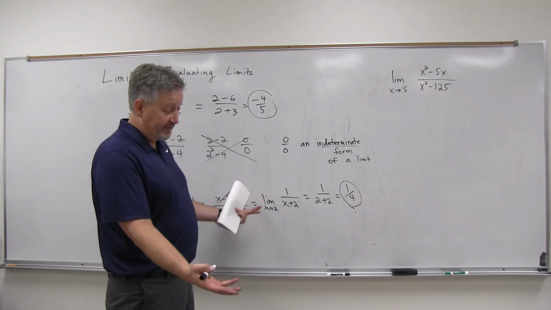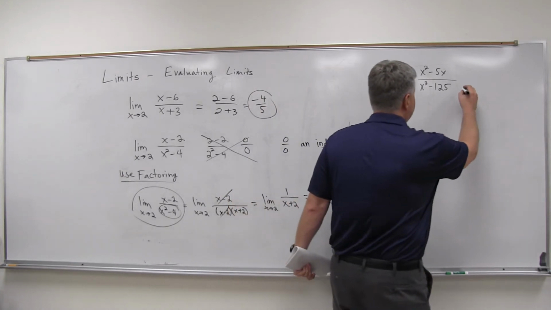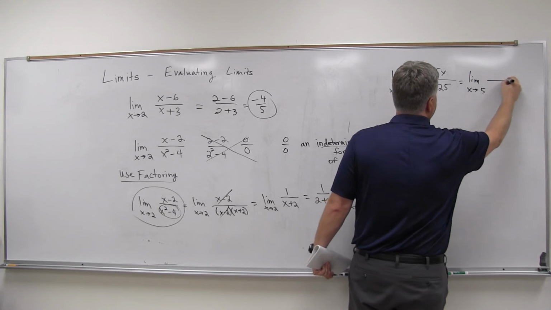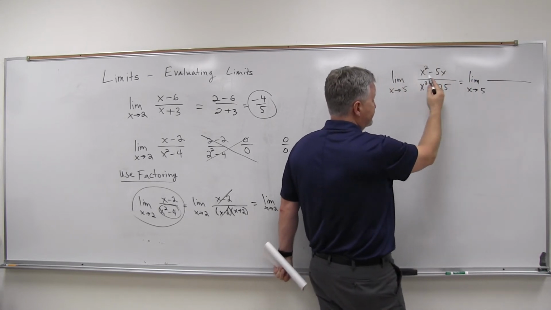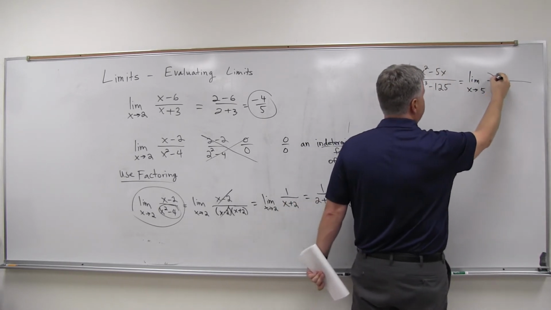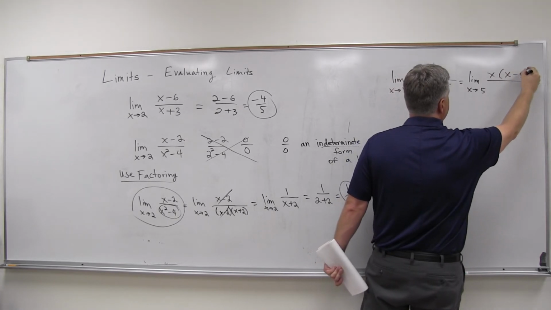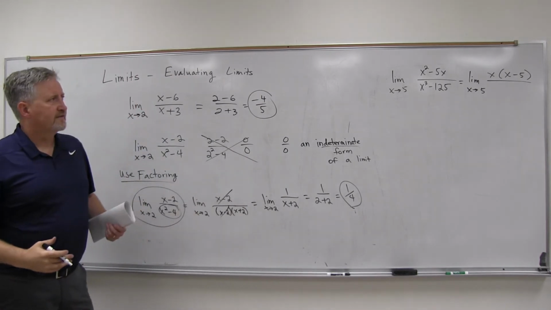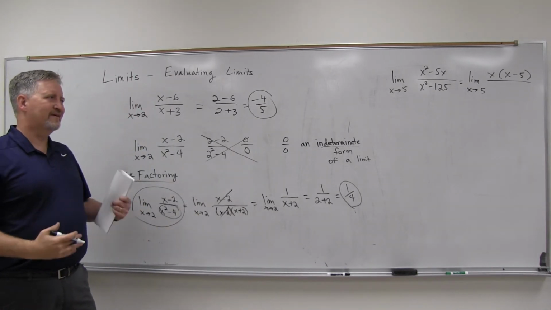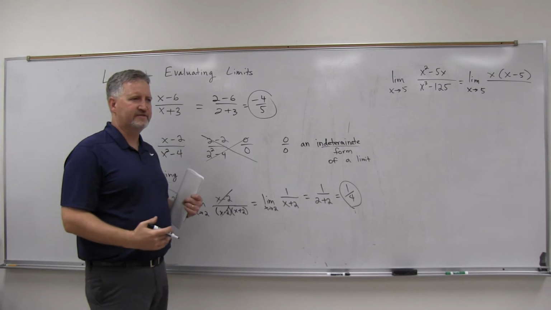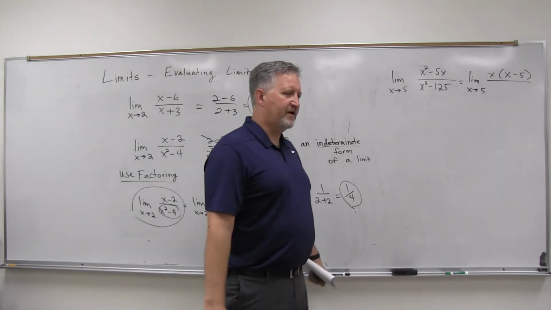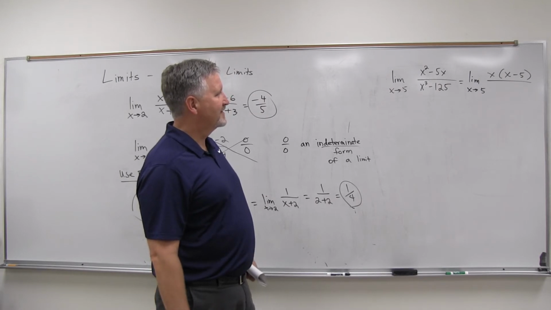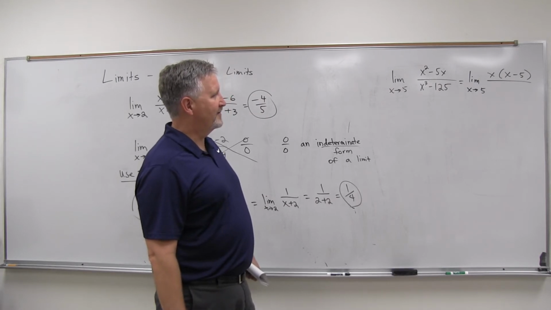Now, the only thing we know right now is factoring. Can we factor here? I do believe so. On the top, we've got a common factor of x, so pull that out. And on the bottom, the one they may not cover a whole lot in algebra courses, what have we got on the denominator?